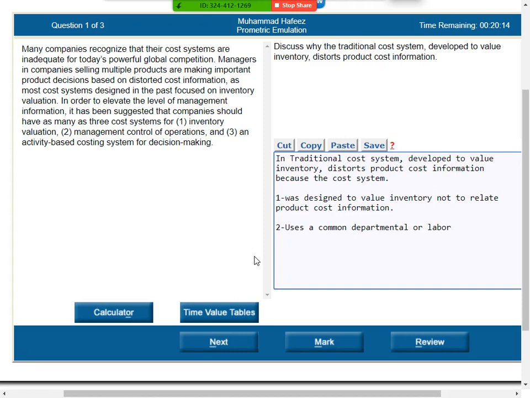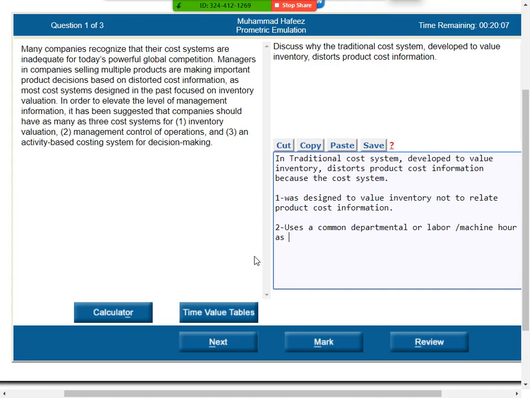Uses common departmental or labor or machine hour as activity base, which does not fairly allocate cost to those items which take more effort, more production efforts to make.